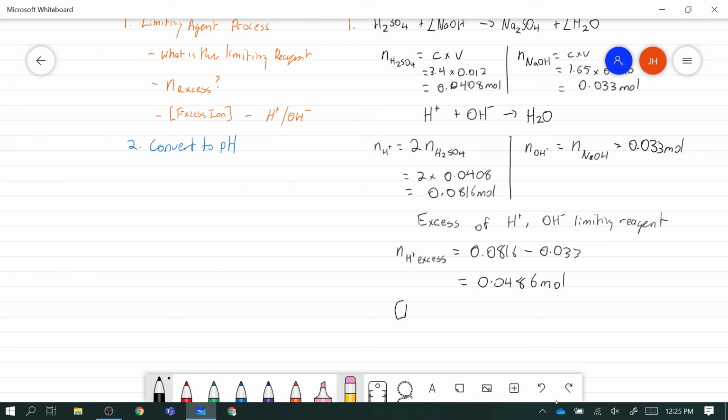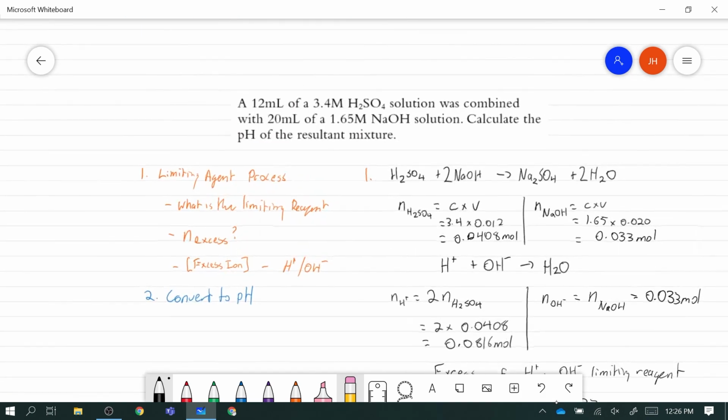So the concentration of hydrogen ions in our solution, once neutralization has happened, is equal to n over V. The one thing that we need to be keeping in mind, and this can be a bit of a pitfall for a question like this, is the V value itself, because the volume of our overall solution needs to take into account the solvents of both of those original acids and bases.